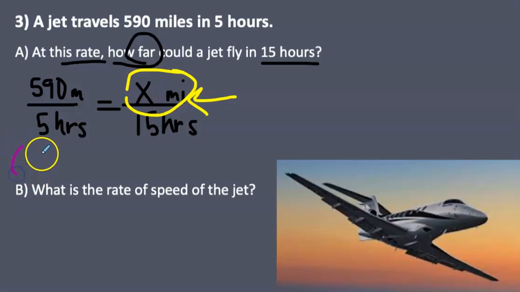To use cross multiplication, you want to start by recording your parentheses, your equal sign, your parentheses, and then let's multiply across. For this, 590 times 15.